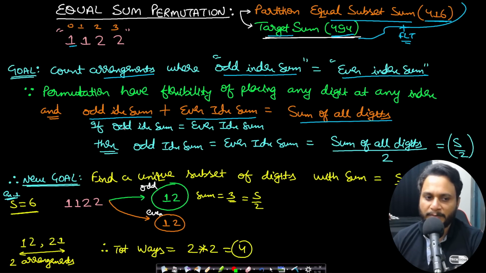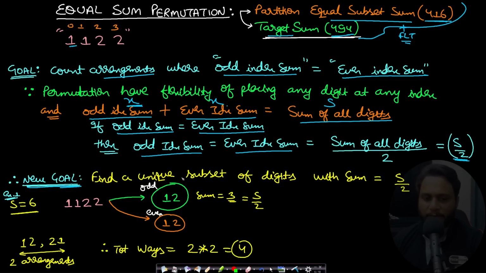That should be true all the time. So if odd index sum is equal to the even index sum, you can take it as x and x, and x plus x is equal to the sum of all the digits, which is s, let's say. Then x will be s by 2, the sum of all digits by 2, right?